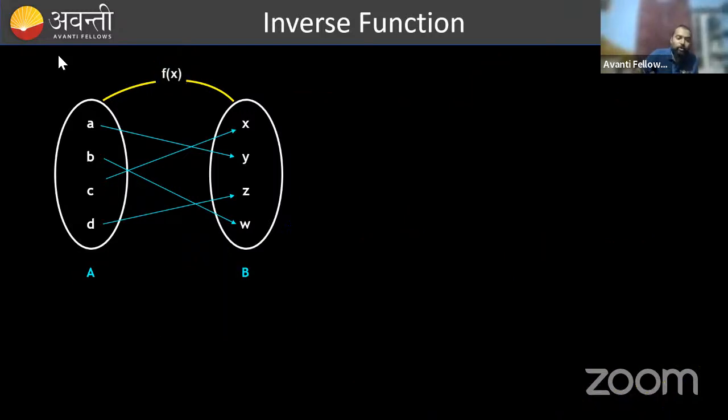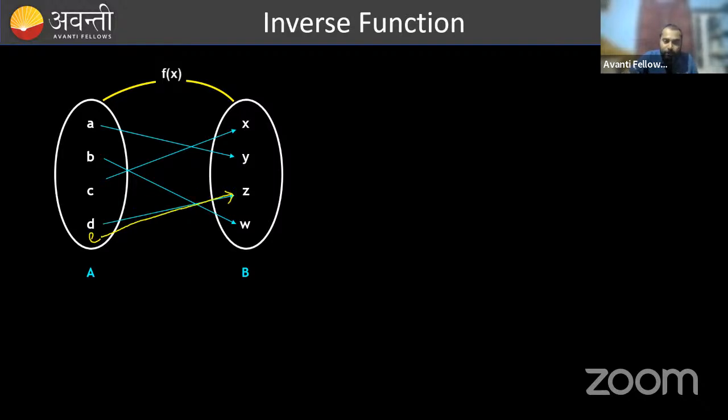Suppose I am taking another element e in A of f of x. And e is mapping to, suppose, here again z.